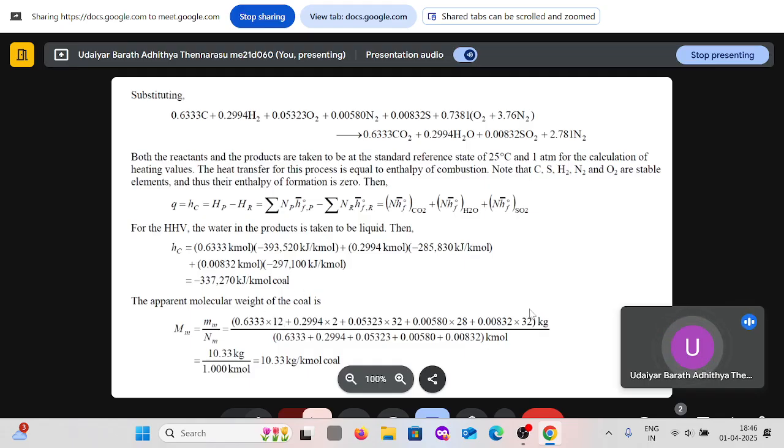Similarly we do it for the other components, divided by the total number of moles, which gives the molar mass. So we get 10.33 kg of coal per 1 kilomole, so the molar mass is 10.33 kg per kilomole of coal.